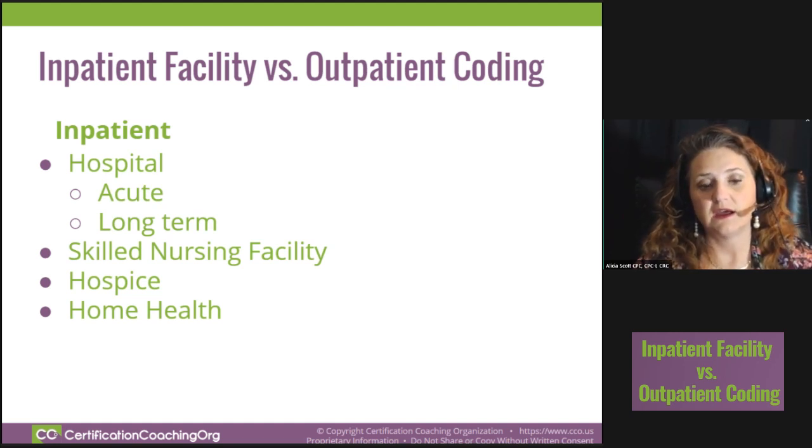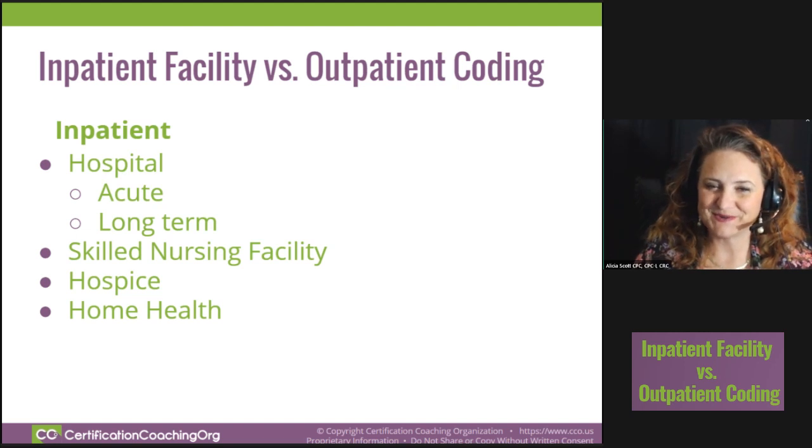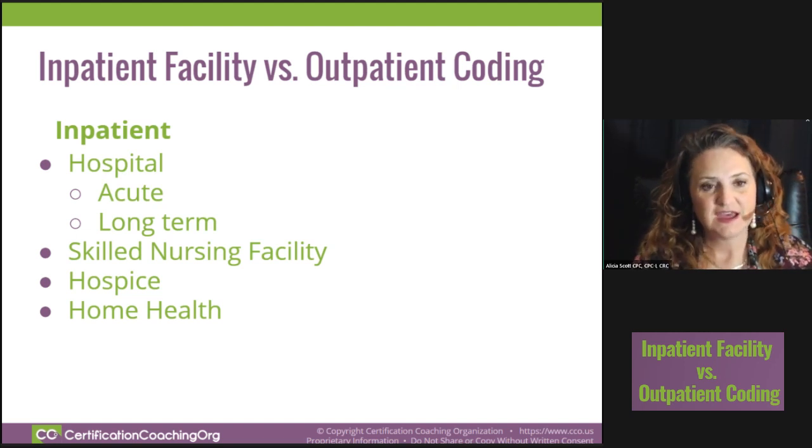And the other one that most people don't realize is home health. Even though it is not a facility, home health was created for people for whom it was difficult to get out for their visits. It was difficult for them to get care.